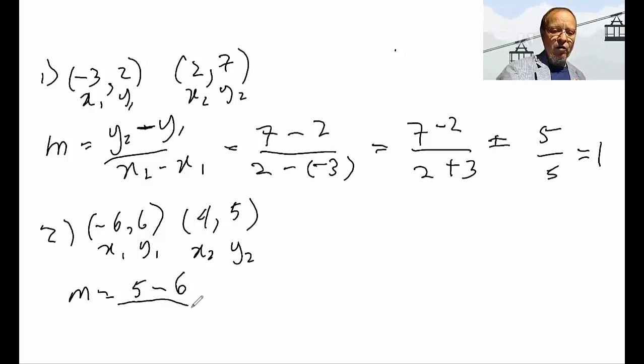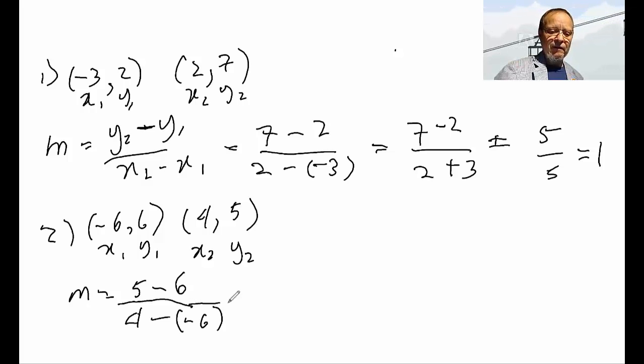And that will be over x2. Well, x2 is 4 minus -6. Remember again, I put it in brackets to be very careful of my signs.